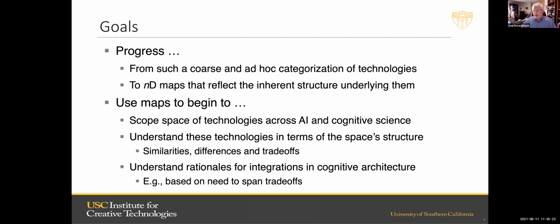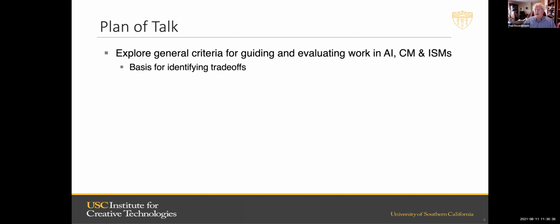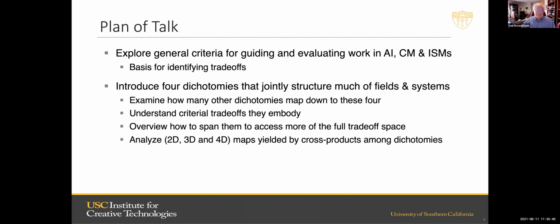The plan is to start by talking about general criteria that guide and evaluate work in AI and cognitive modeling and integrated systems and models, and use this as the basis for identifying trade-offs among them. Then introduce four dichotomies. So we've got four dimensions here, but it's quite different from the four that Martin just talked about.